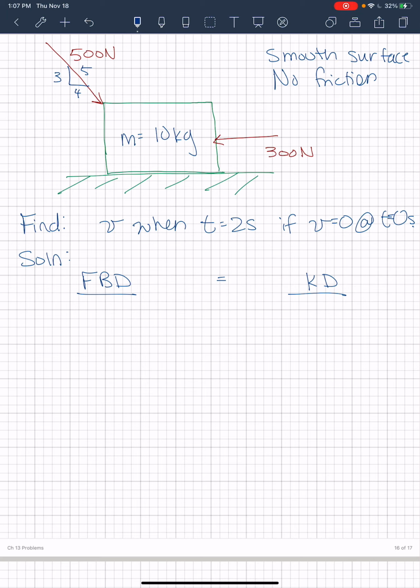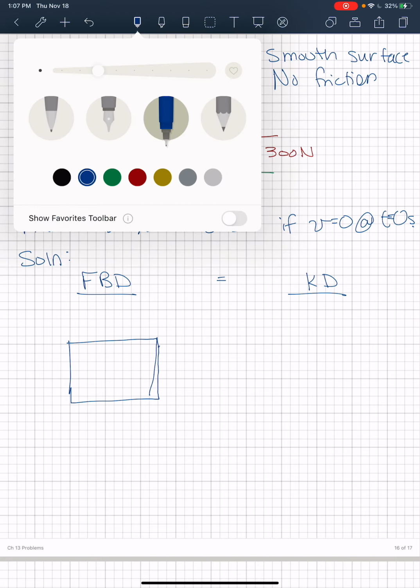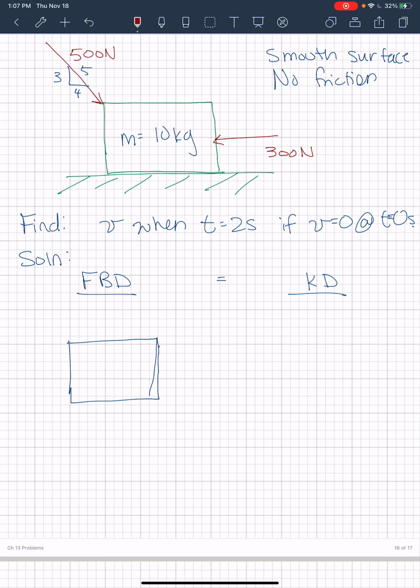So for the free body diagram, I'm just going to draw the crate and put all the forces on there. So we've got 300 newtons. We have the weight of it, which is 10 kilograms times 9.81 meters per second squared. So we know weight's mass times acceleration due to gravity.